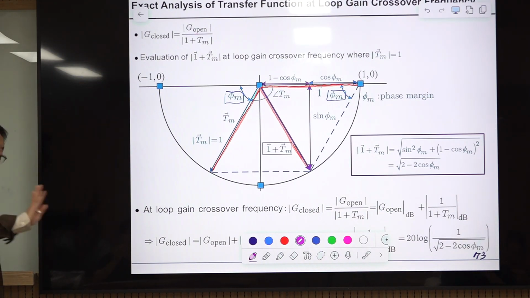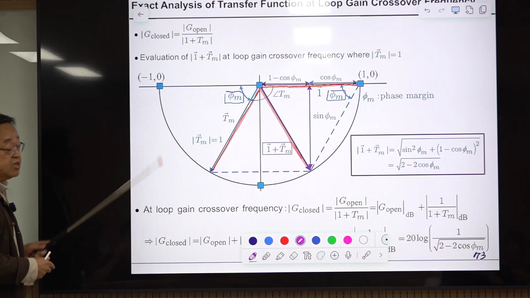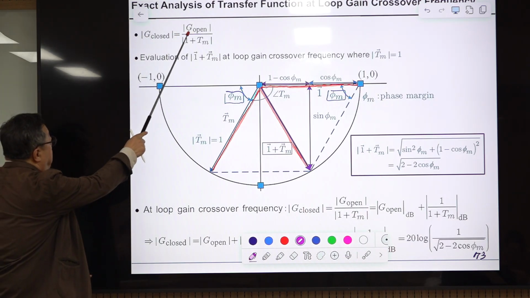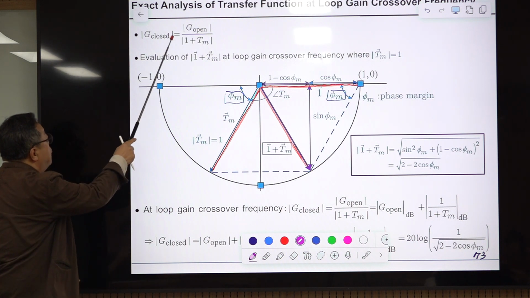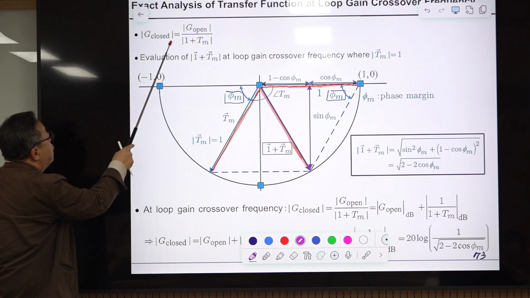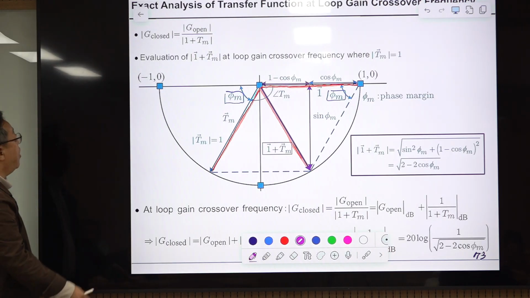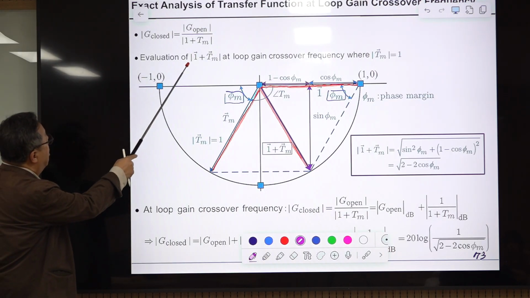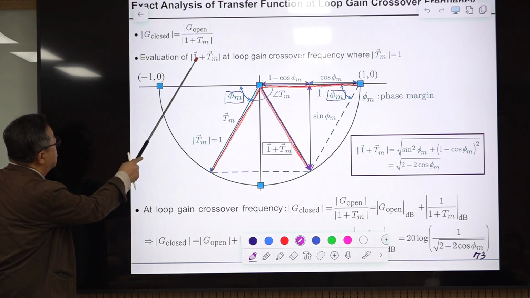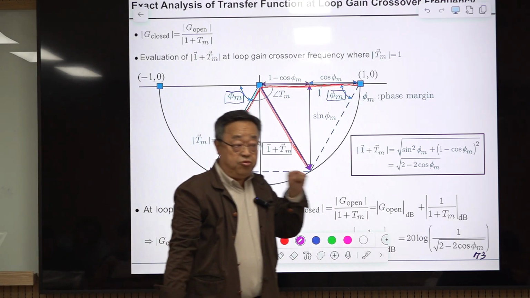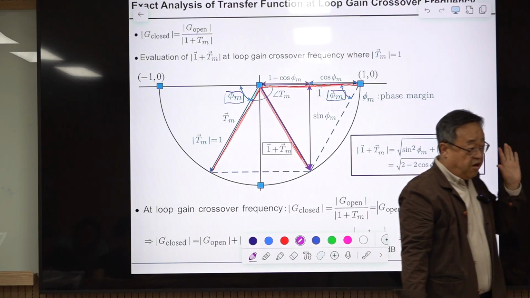There is no approximation or anything. This is the exact expression. And here, suppose we know this and we want to evaluate this, then we need to know the magnitude of 1 plus Tm, the evaluation of 1 plus Tm, but this is a vector. This is a complex number, so it has magnitude and phase, so they are vectors.